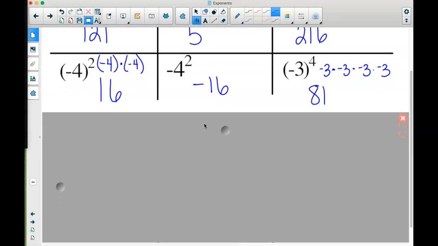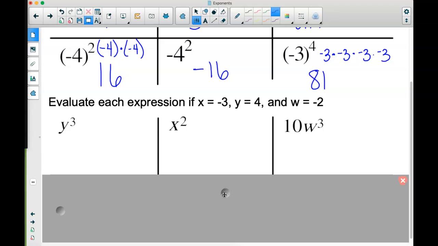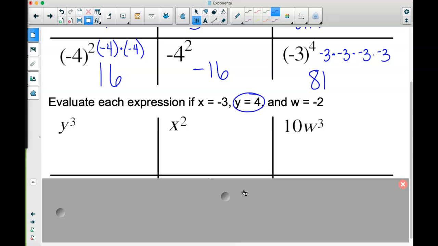Okay, the last type of thing you're going to see on your homework that you'll have to do for exponents is something like this, where it's just evaluated. Okay, if it's y to the third power and y equals 4, you're doing 4 to the third power.